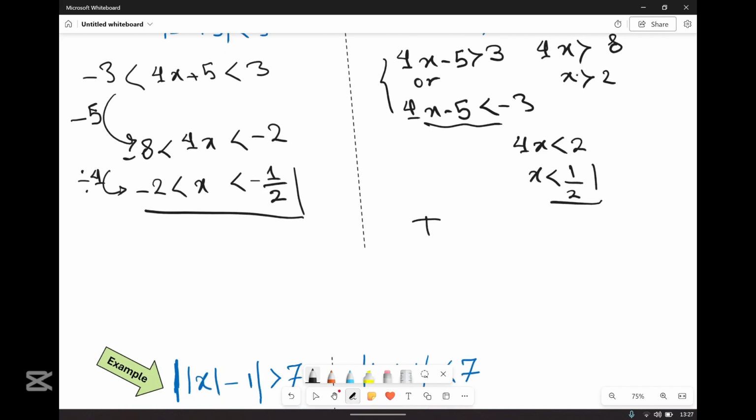Therefore the total answer is exactly minus infinity until 1 over 2, union 2 until positive infinity.